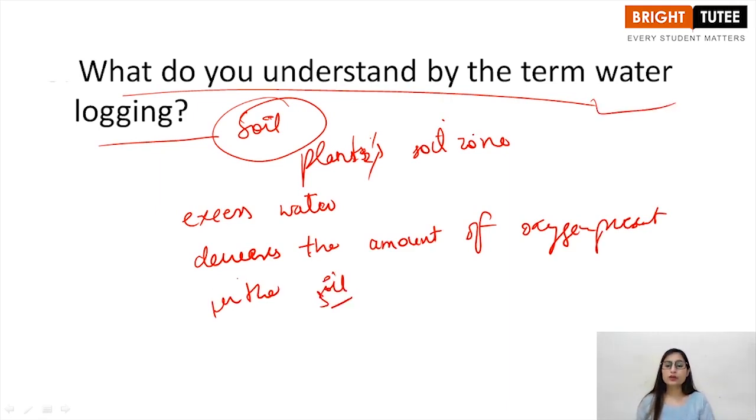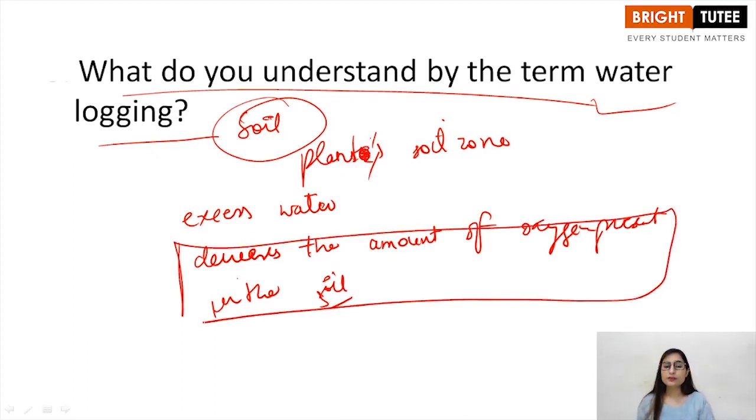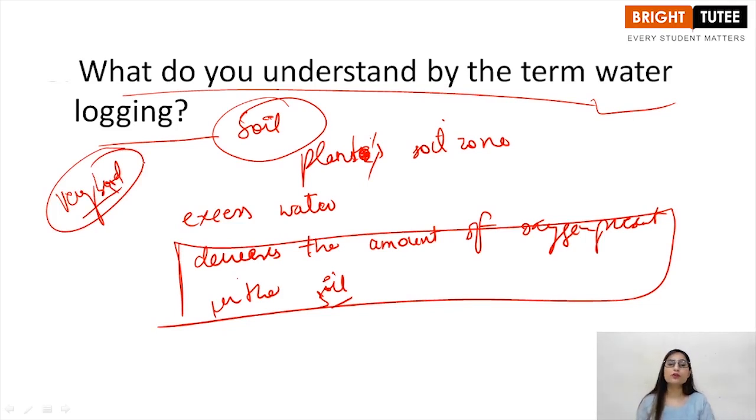So due to waterlogging, the excess water decreases the amount of oxygen present in the soil, and this is not good for plants. This is very bad. This must be taken care of: only a certain amount of water that is required by the plant should be given to the plant. Excess water should not be given, because that may lead to waterlogging.